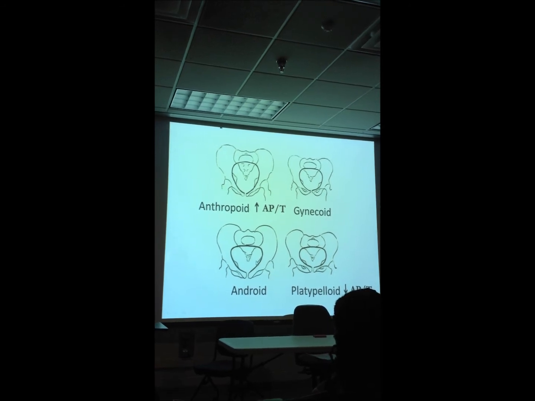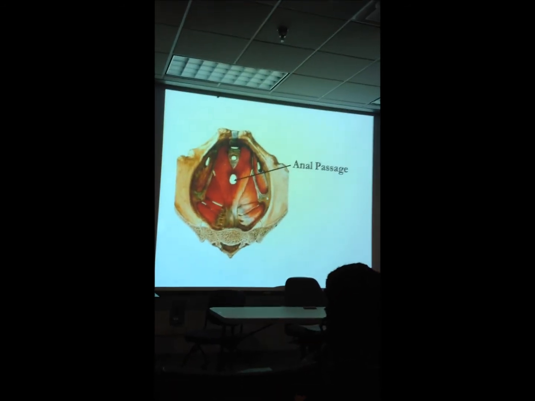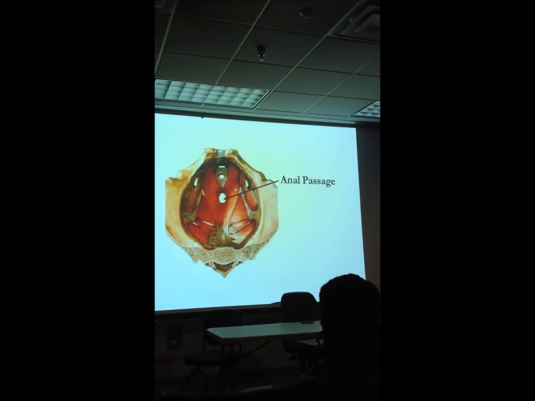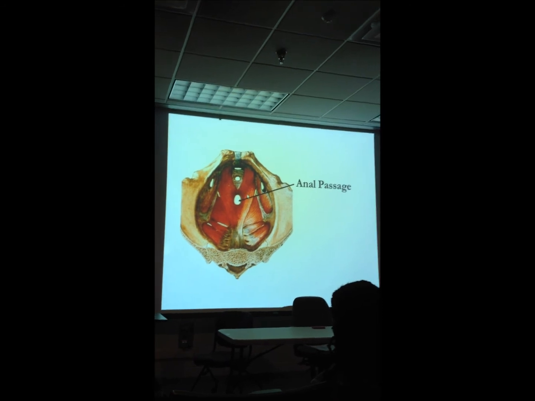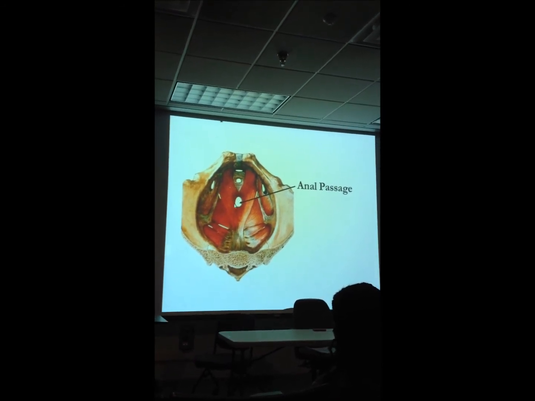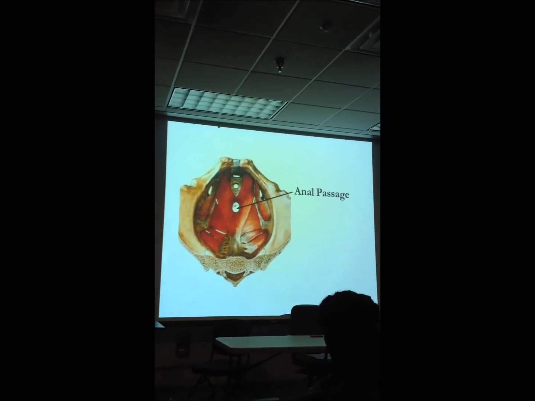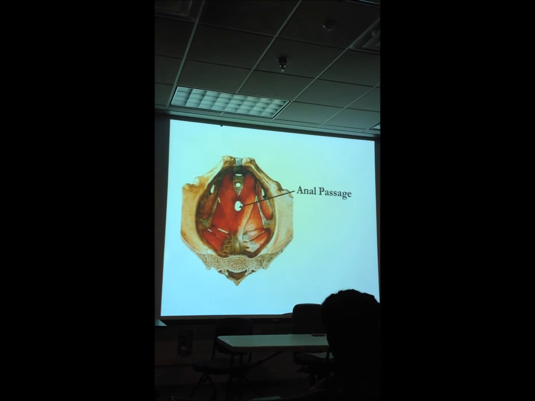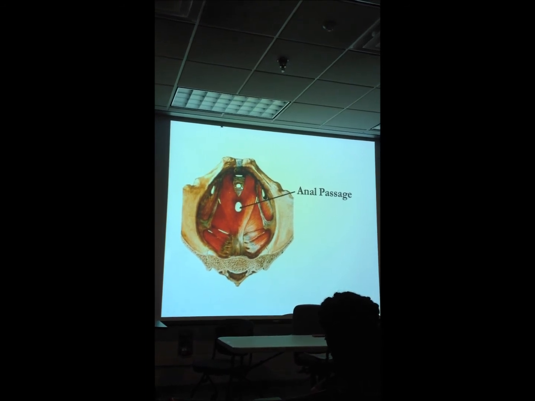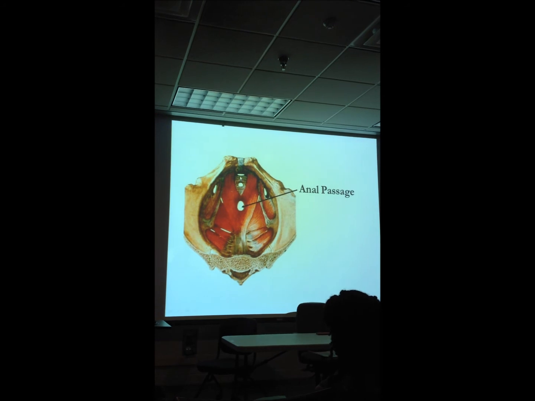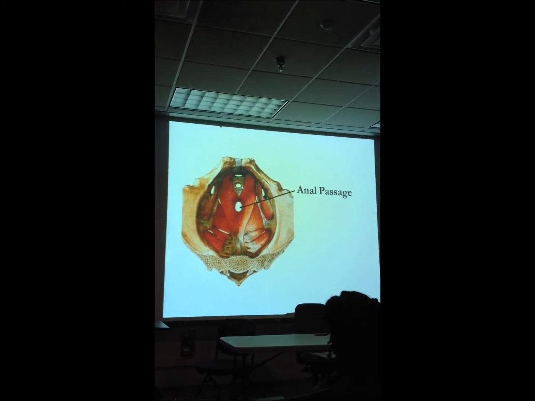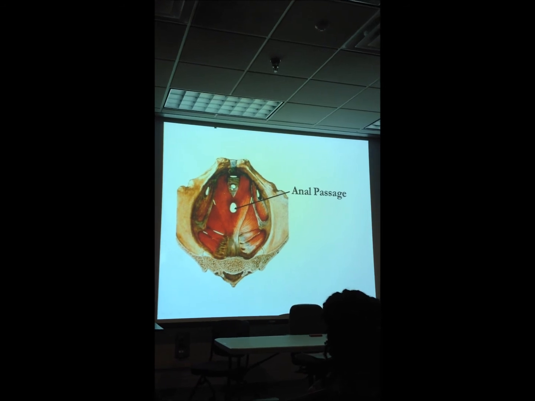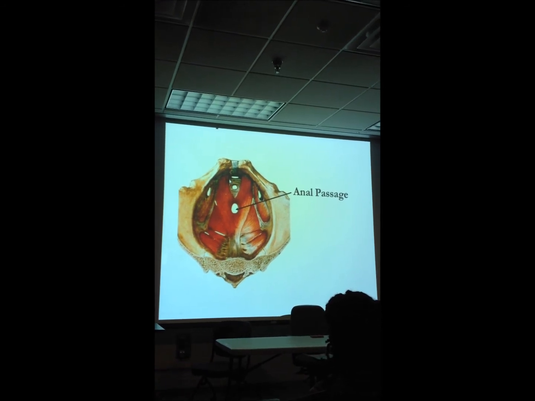Okay, then we're interested in things that pass through the pelvic diaphragm. The rectum really is the only thing, the anus, that passes through the pelvic diaphragm, because the urethra, the deep dorsal vein of the penis, and the vagina all mainly pass through the urogenital diaphragm, because this is an opening right there.